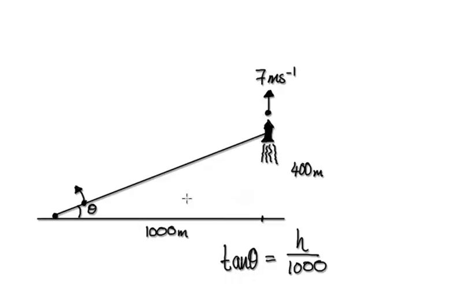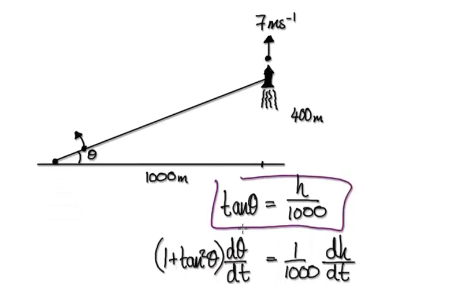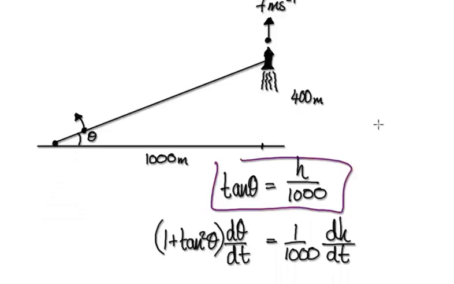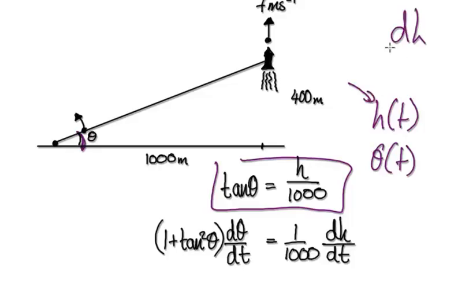So you would look for something that connects everything. It turns out to be this. Because as time goes on, h is a function of time, and the angle varies as time goes on, so theta is a function of time. Whenever you differentiate h, you need to stick dh by dt.